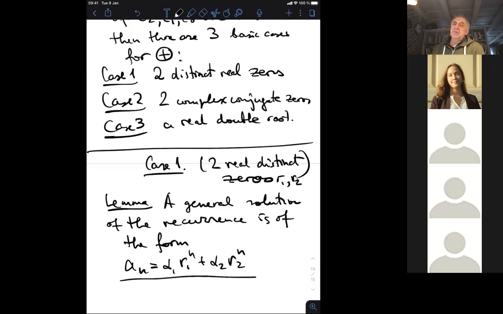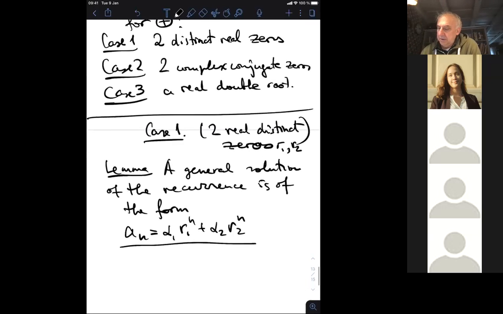If we want complex solutions to our recurrence, we'll allow alpha 1 and alpha 2 to be complex numbers. If we want only real solutions, we allow alpha 1 and alpha 2 to be real numbers. And this is it. Nothing else is necessary to cover the whole set of real solutions.